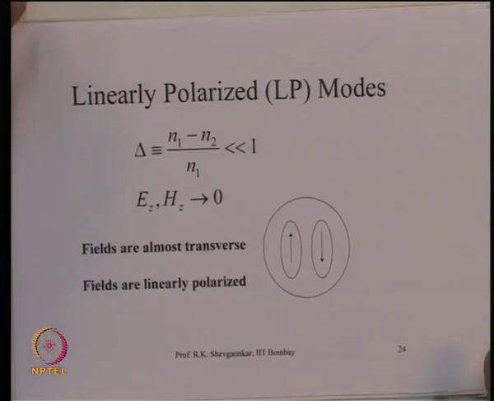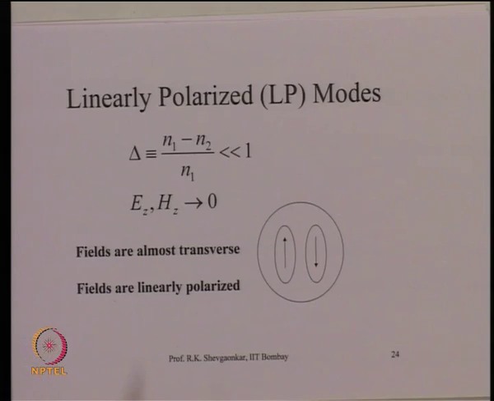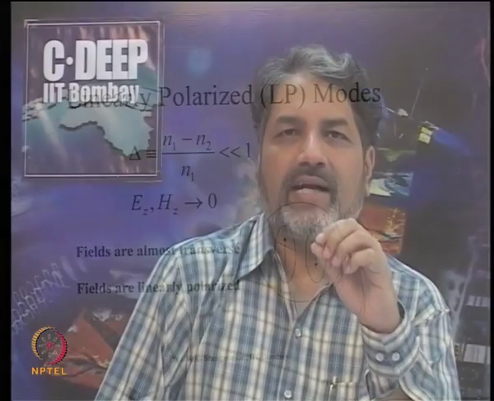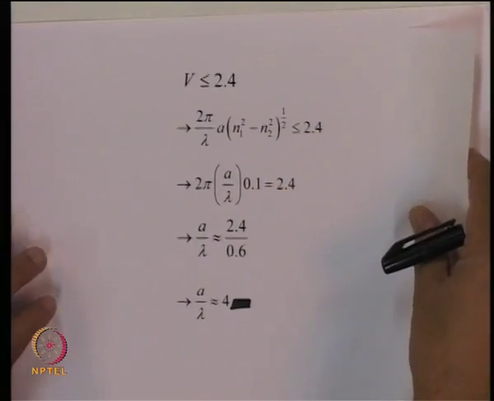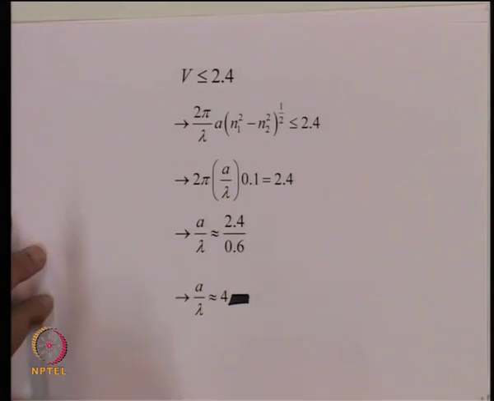Now, in practice, for most practical fibers, as we have seen earlier, the difference in the refractive index between core and cladding has to be made as small as possible. That is what we discussed earlier when we were discussing the ray model. This is to get a substantial size for the core radius, because if I make the difference in refractive index large, the core size will become extremely small, because the V number for single mode propagation has to be less than 2.4.